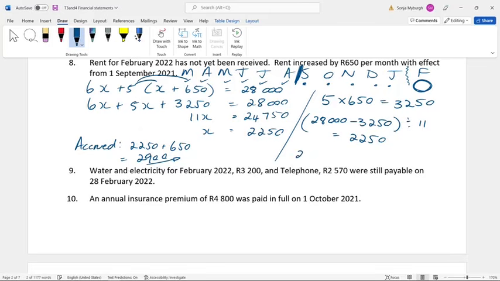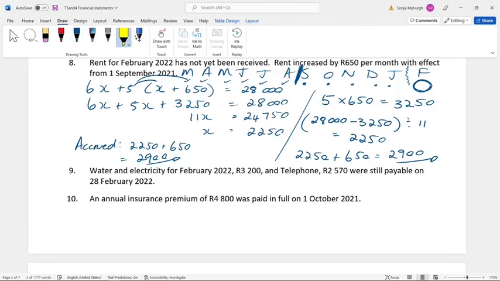And then yet again, the 2,250 plus the increase of 650 will give you 2,900. It doesn't matter which method you use, as long as you use the method that makes sense to you. So rent income accrued, add 2,900.